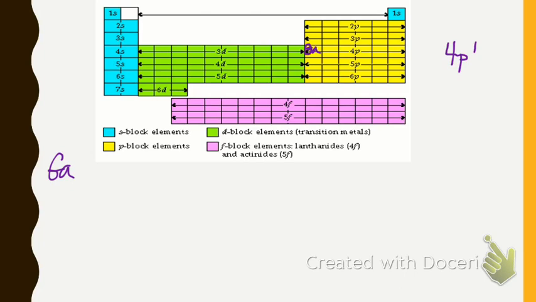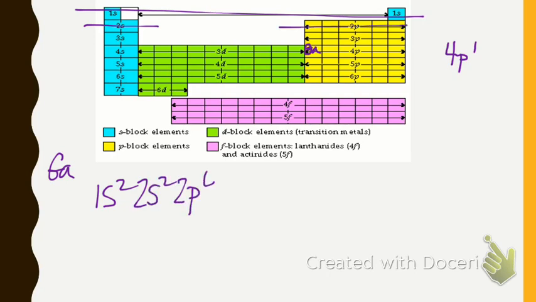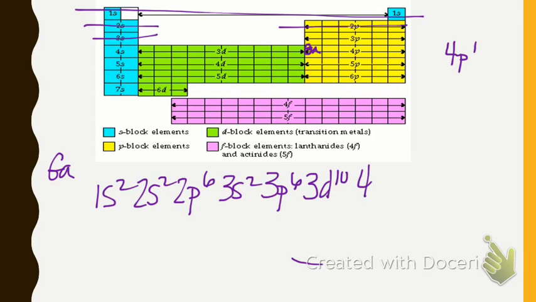And so we're going to start, again, filling up the 1s, 1s2, filling up 2s, 2s2, 2p6, 3s2, 3p6. Now I know I'm going to come down here, so to save myself time, I'm going to go ahead and do 3d10, then 4s2, 4p1.